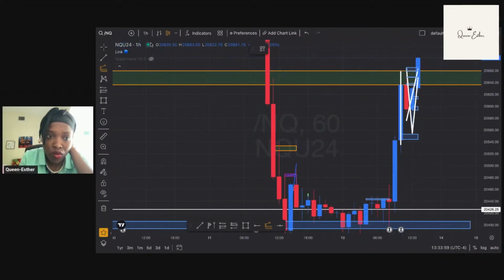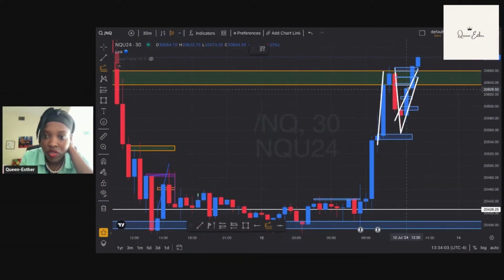So this is the 1 hour. You can also view it on the 30 minutes. All right, so on the 30-minute, it did break the level and it's forming a new bullish candle right here, right?